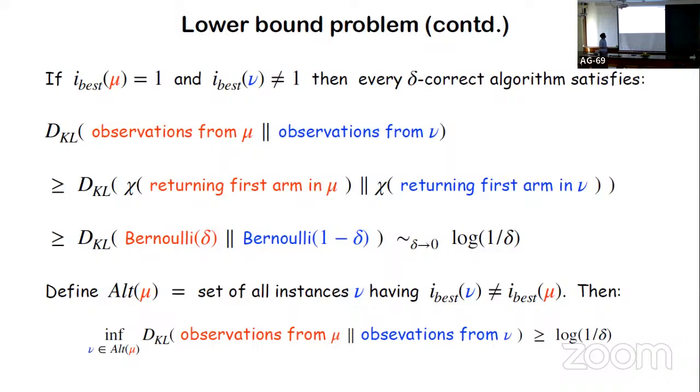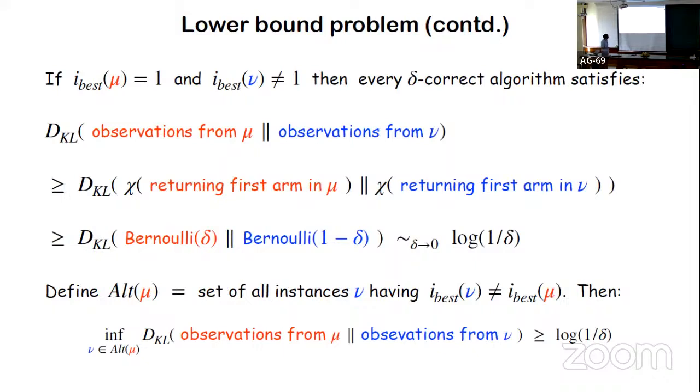And since it is a delta correct algorithm, reporting the first arm for the instance nu will happen with a probability at most delta, and the same for mu will happen with a probability at most 1 minus delta.